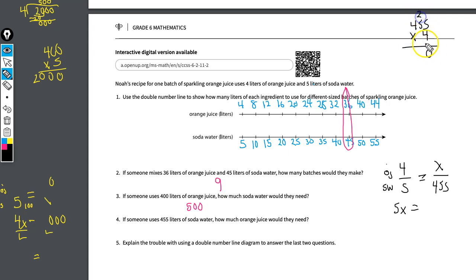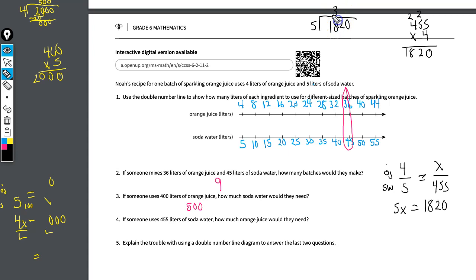0, 2, 5 times 4 is 20, 2. 4 times 4 is 16, 17, 18. 18, 20. I'm sure there's some historical thing there that I don't know about. There's a reason why I'll teach math and nothing else. So this goes in 3 times. It doesn't go into 1.